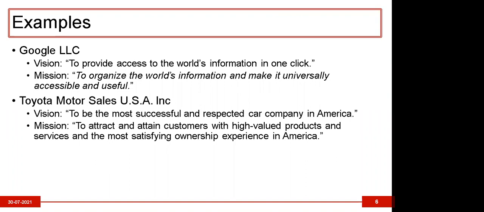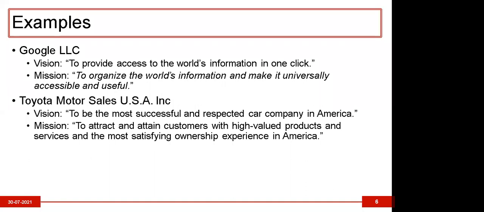And the next, the mission is to attract and attain customers with high value products and services and a more satisfying ownership experience in America. So the 3 things are very clearly defined: attract and attain customers. How is it possible? With high value products and services, with quality products and services, they want to attract and attain the customers.